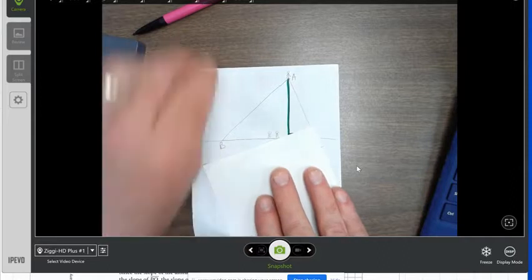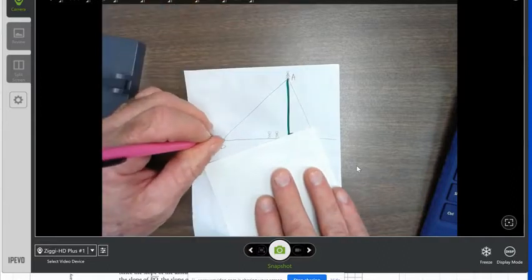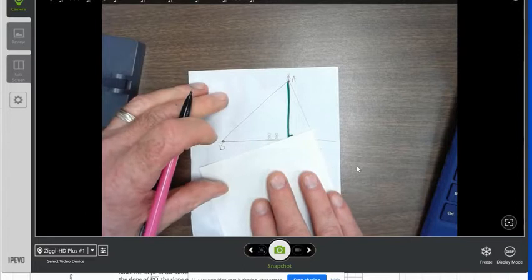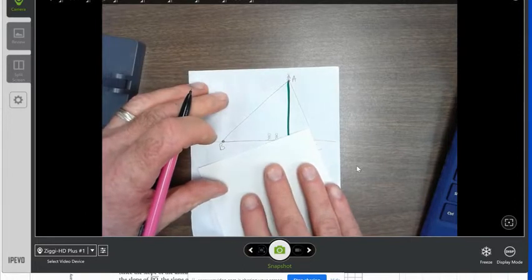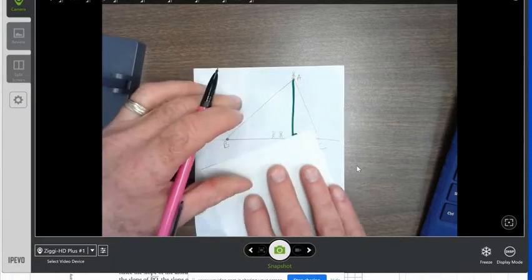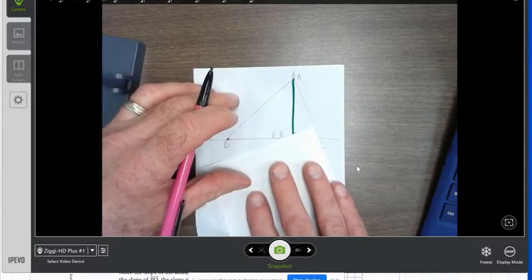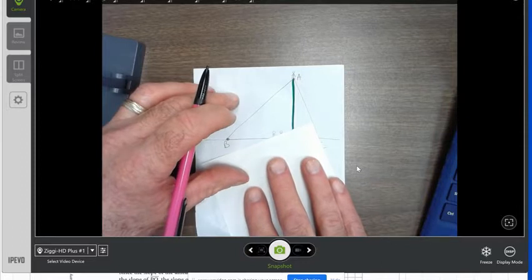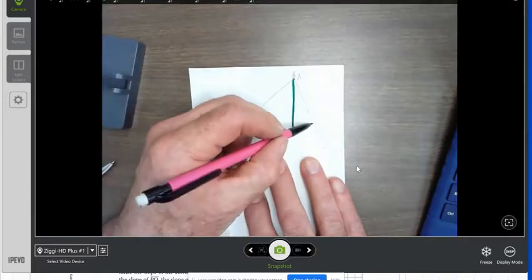So when we draw our altitude from B, it needs to go perpendicular to side AC. That's why I'm sliding the card along AC, and I'm going to continue sliding the card along AC. Watch this edge right here.